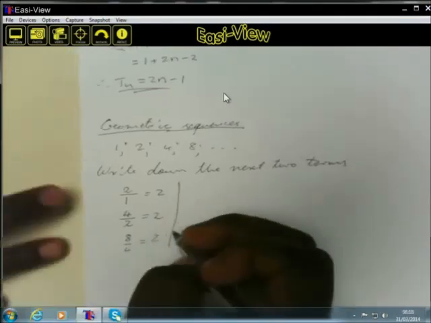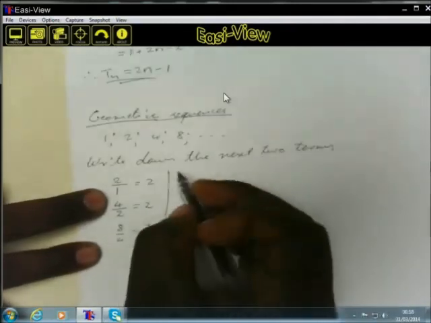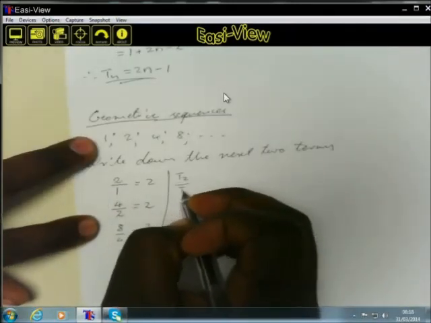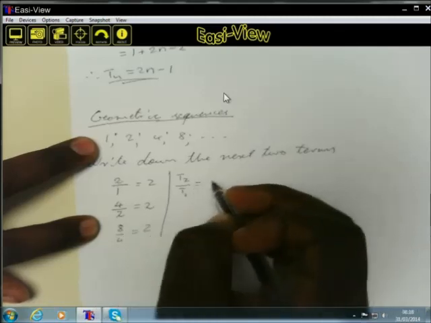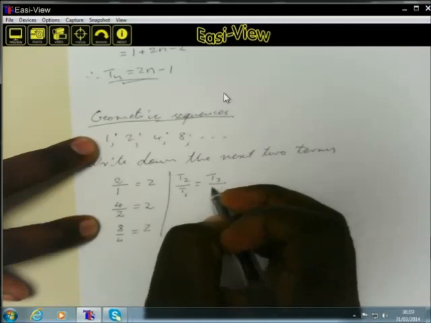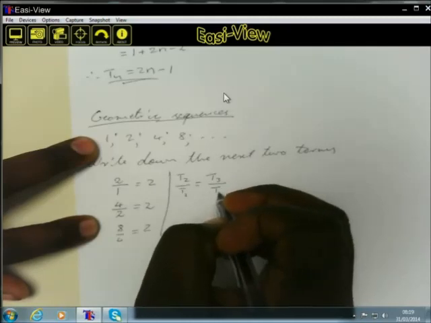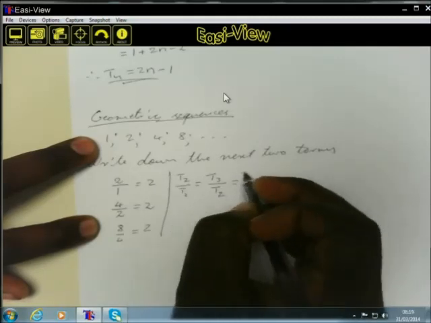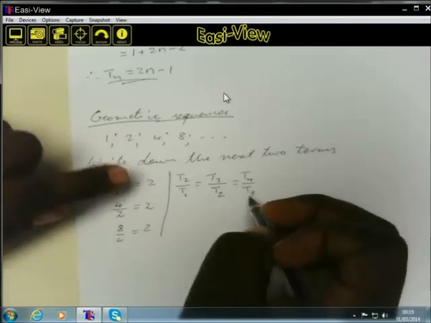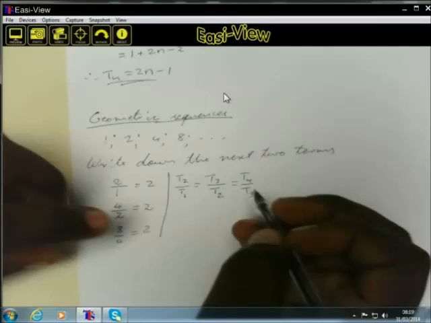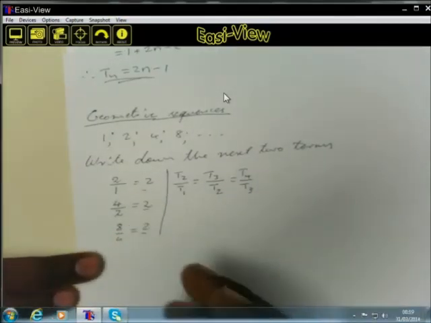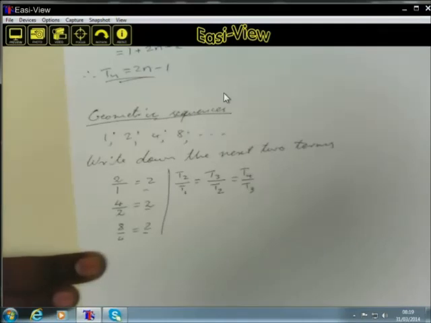Which means from this little exercise, we can see that term number 2 divided by term number 1 will be the same as term number 3 divided by term number 2, which will be the same as term number 4 divided by term number 3, because it gives us the same answer. And this same answer is what we call the common ratio.